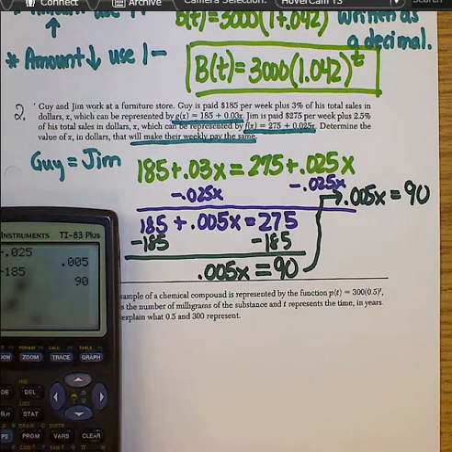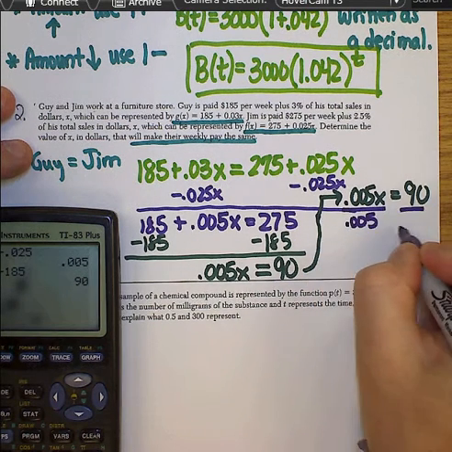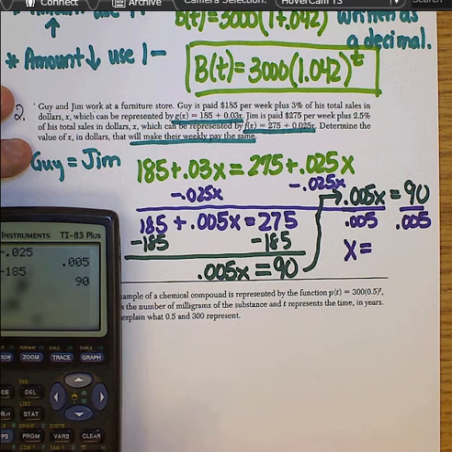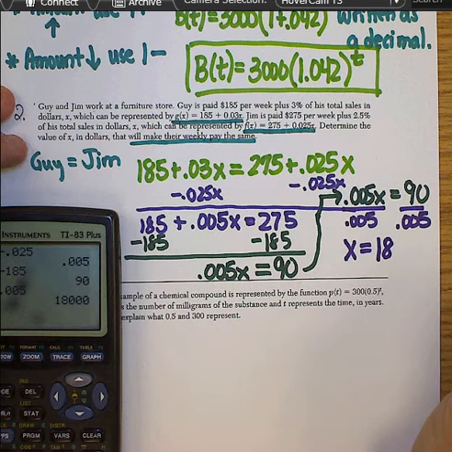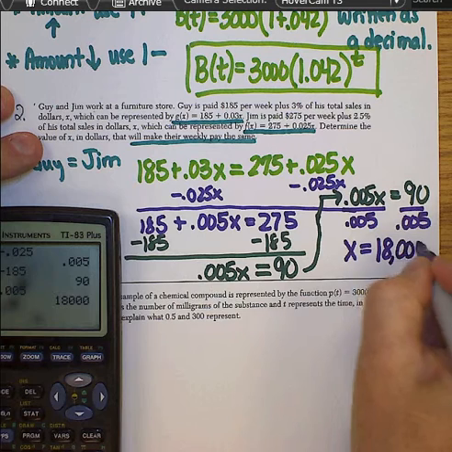Well, how do I get x by itself? I'm going to divide by 0.005. Divide this side by 0.005. So x is going to equal 90 divided by 0.005, which equals 18,000.